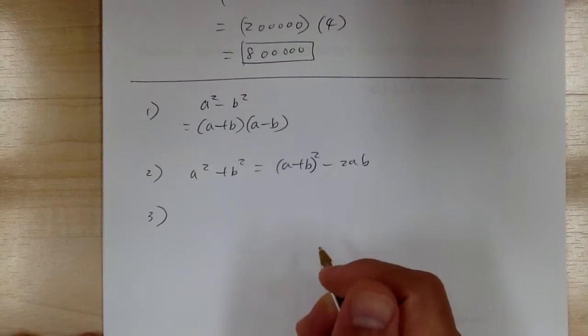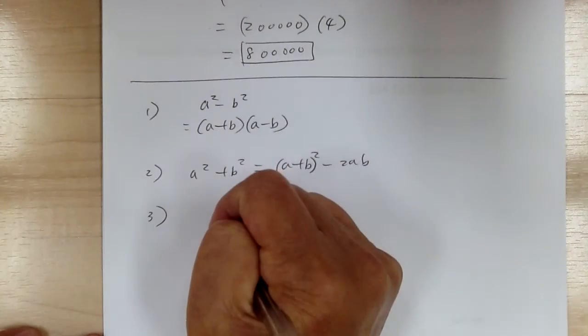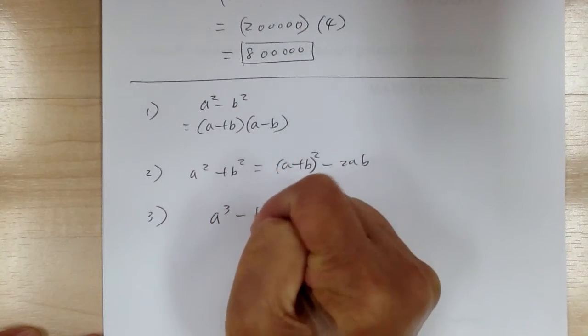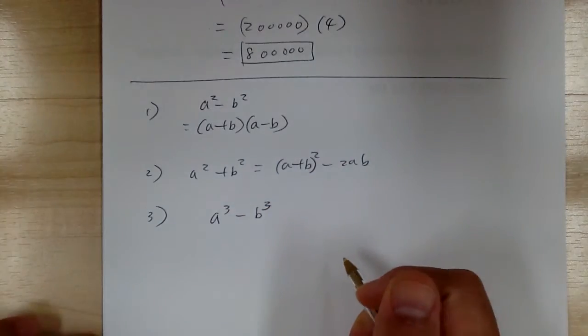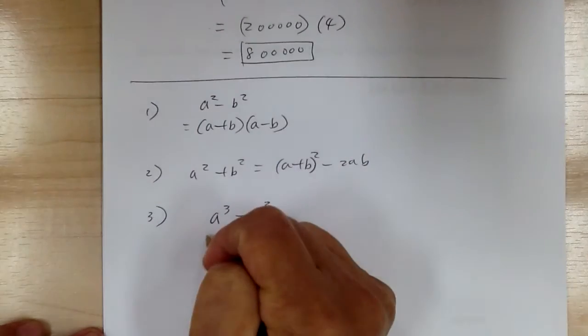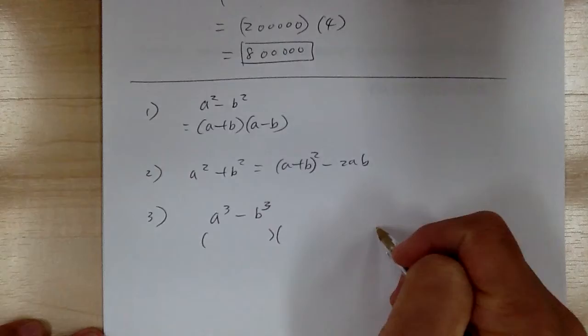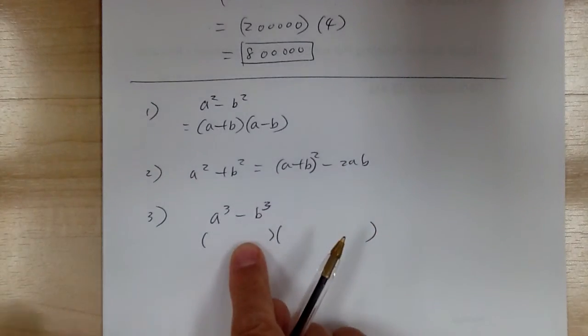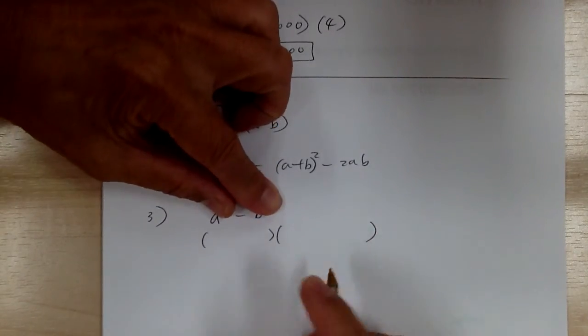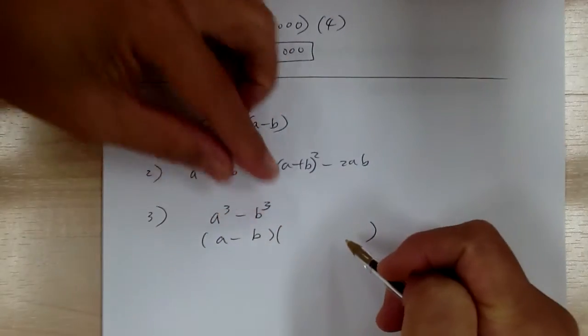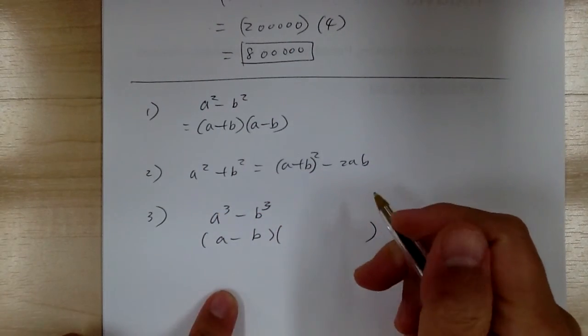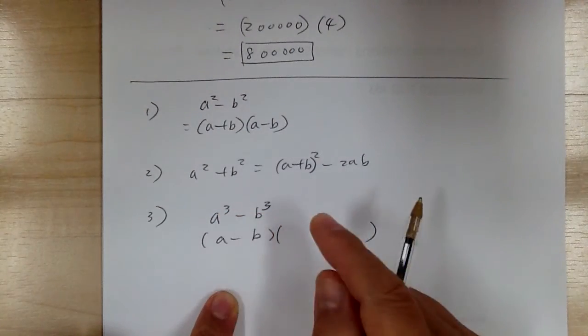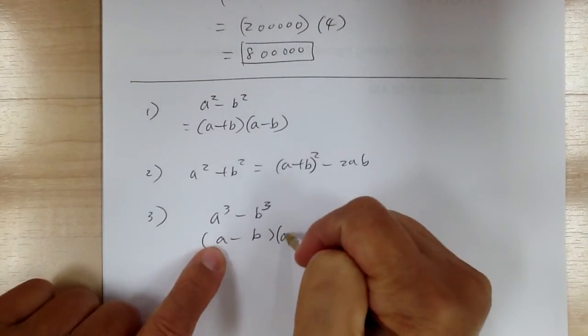And you also need to know the difference of cubes. So you have a cubed minus b cubed. The easy way to memorize this is you put a parenthesis right below it and get a bigger group. Just take the cube root, so it would be a minus b. Then when you multiply, notice there's no middle term. To get a cubed, you need an a squared, right?